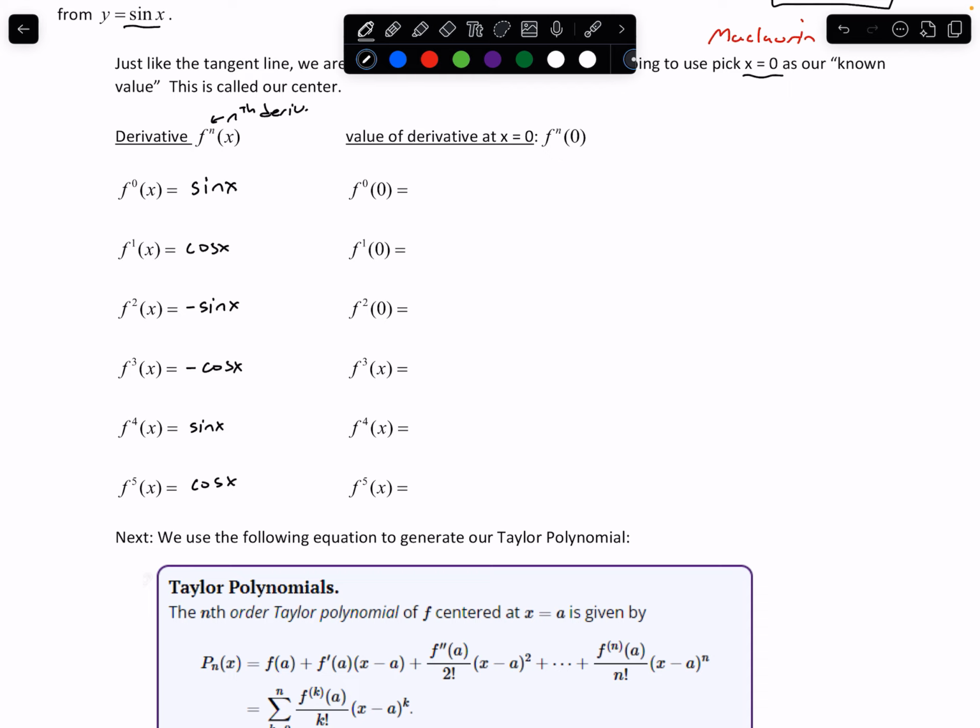I'm just taking derivatives. Now, just like a tangent line, we're going to find the values of the slopes at those points. Now, we sometimes call 0 the center.